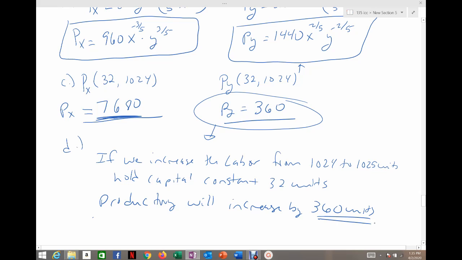All right, so we're still increasing, but we're increasing by less in the y direction. All right, so a labor unit didn't give us quite as much as a capital unit did. All right, so again, comparing the two.